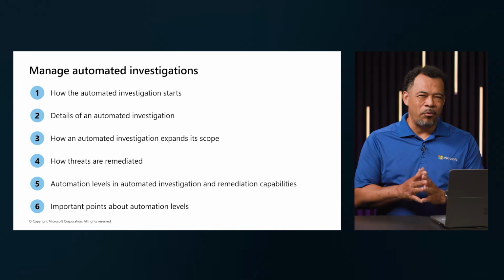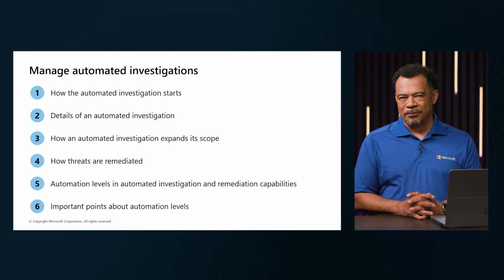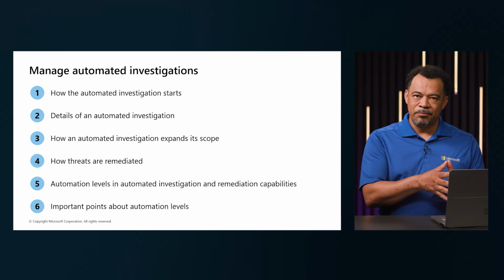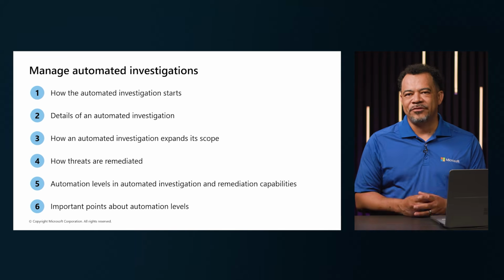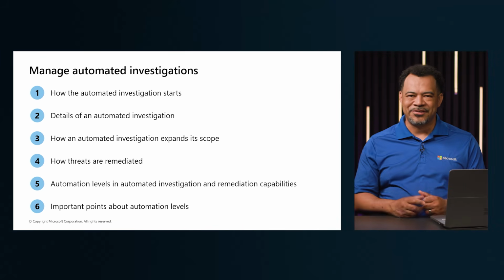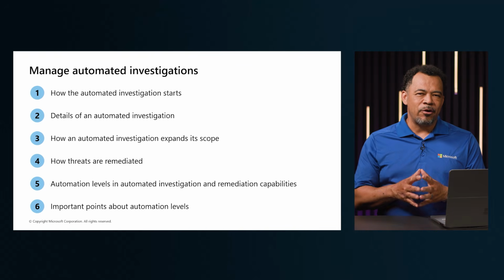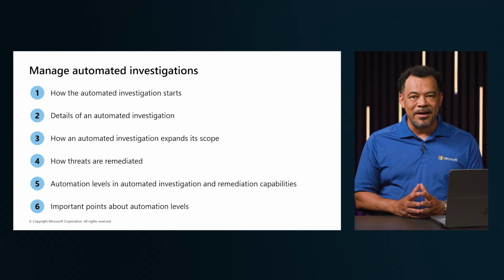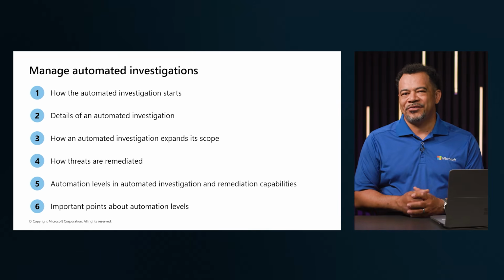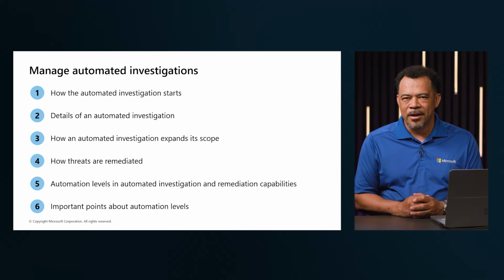And then, important points about automation rules that you want to consider. Automation levels can be configured per device group, enabling tailored responses for different environments, such as production or test and so forth. Higher automation levels reduce response times and analysts' workload by requiring strong trust in the system's accuracy.